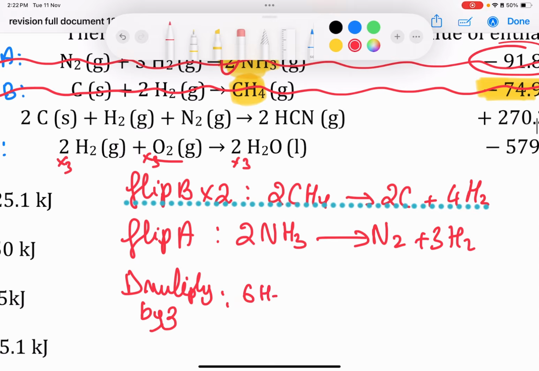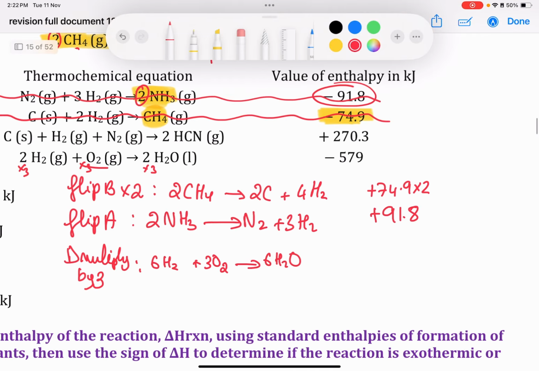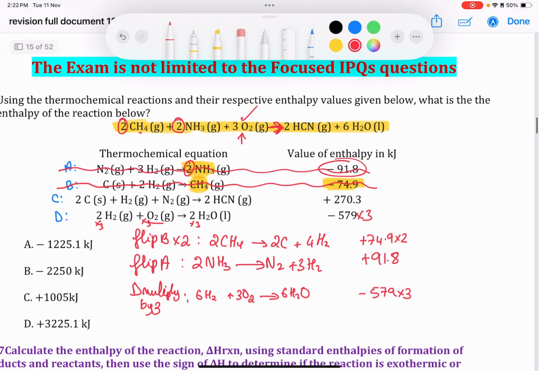So it's gonna be 6H2 and 3O2 and 6H2O. So I only multiplied this by 3. So this value over here, I'm gonna multiply it by 3. I'm done with O2. Now let's move on to HCN.